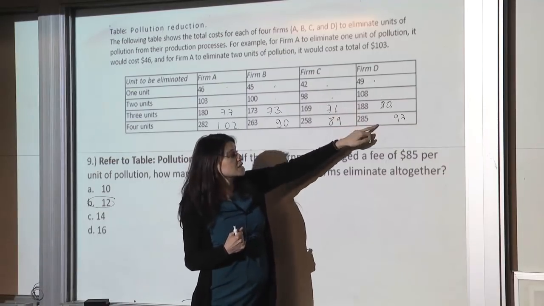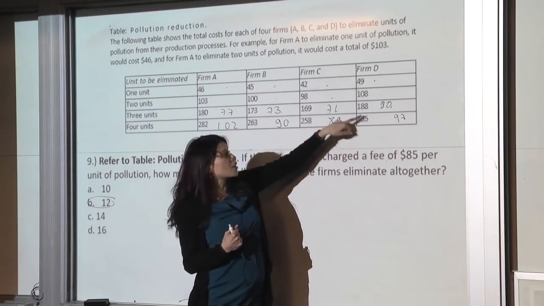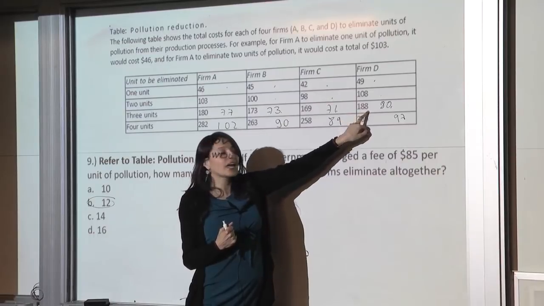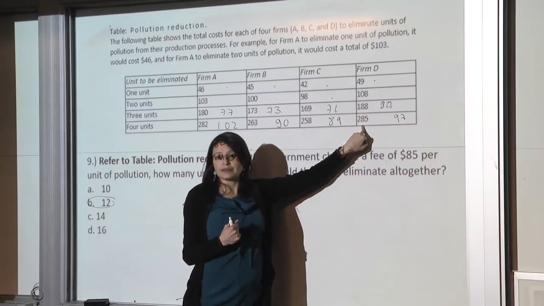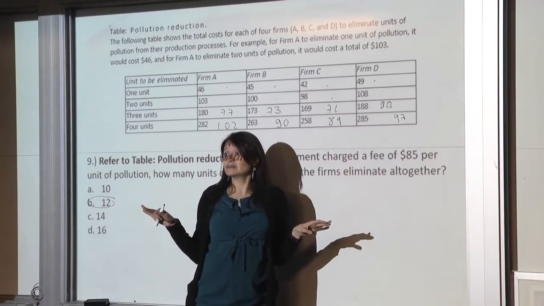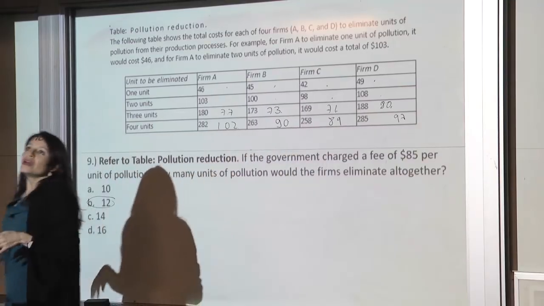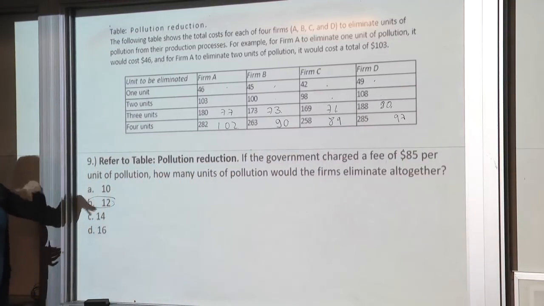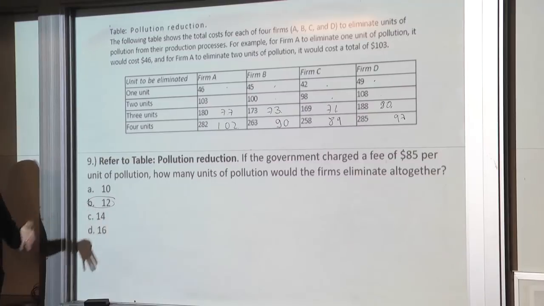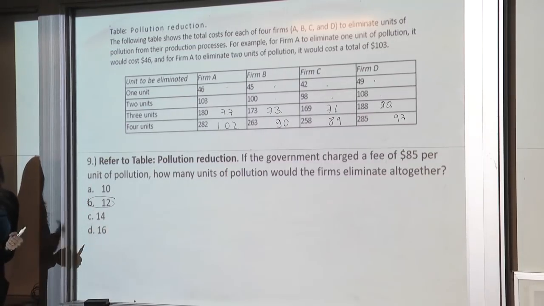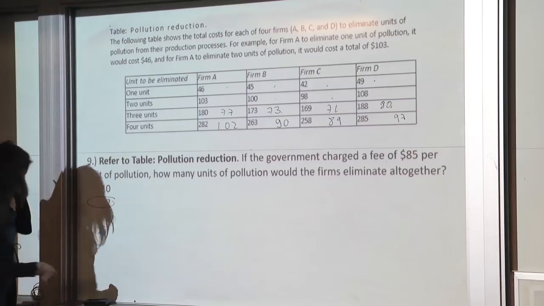So the cost of the extra unit here is 97, the difference between 188 and 285. Is that clear for everyone? In this case, or in other cases, the marginal cost is the cost of the extra production, the extra unit, okay?